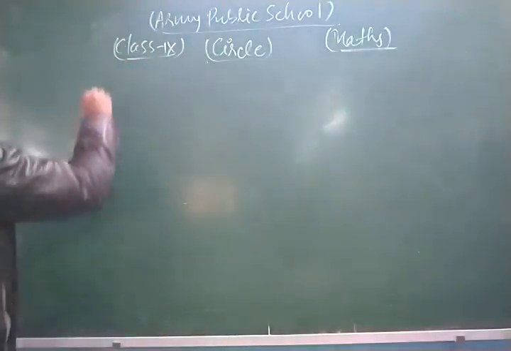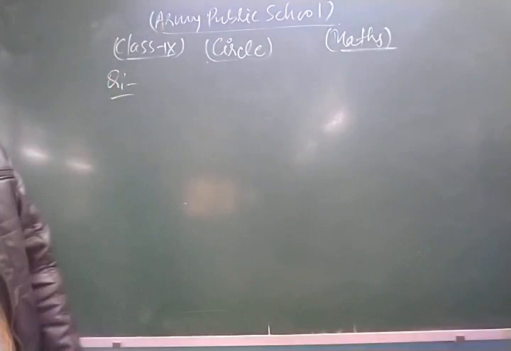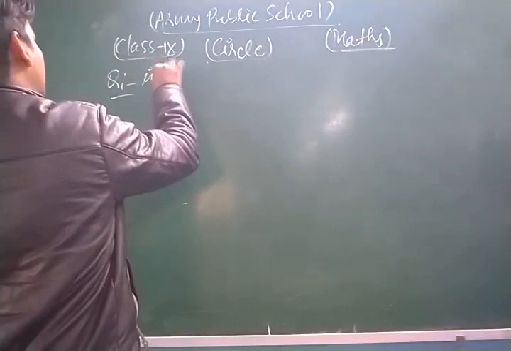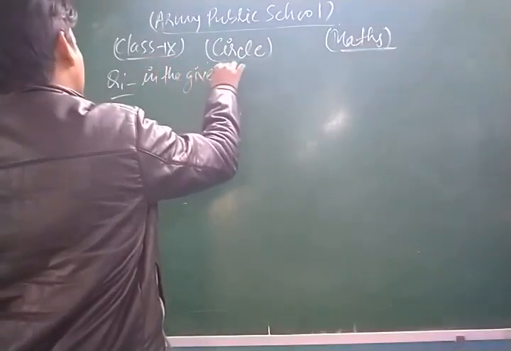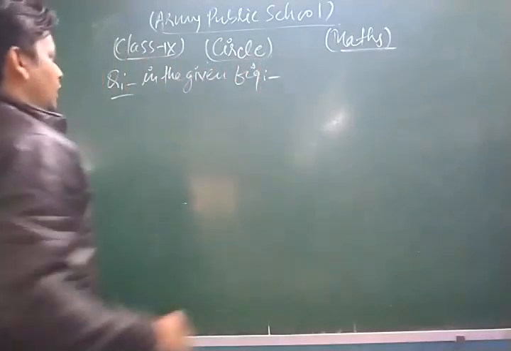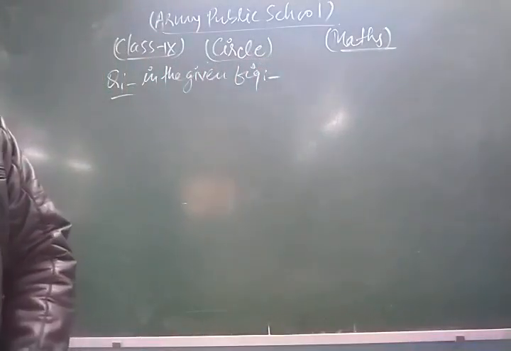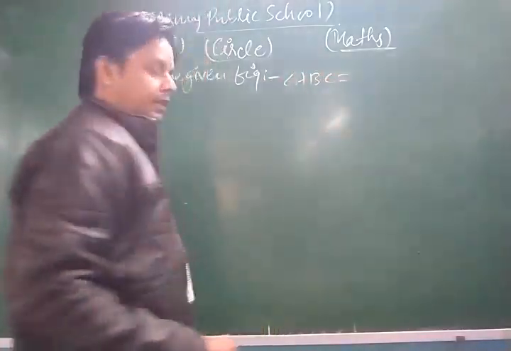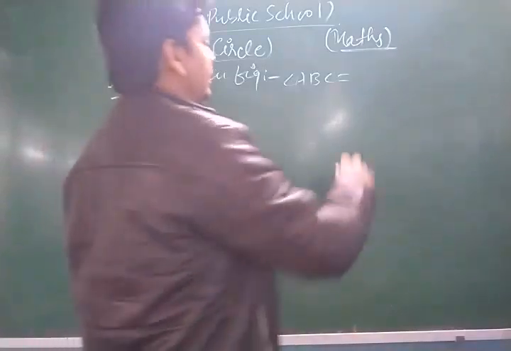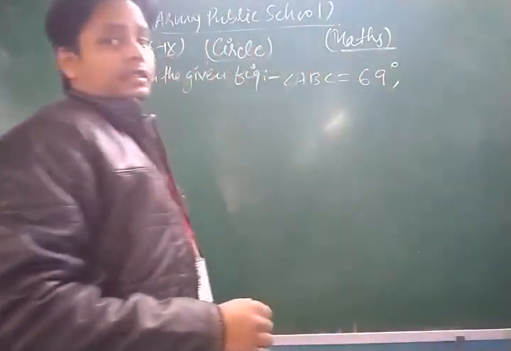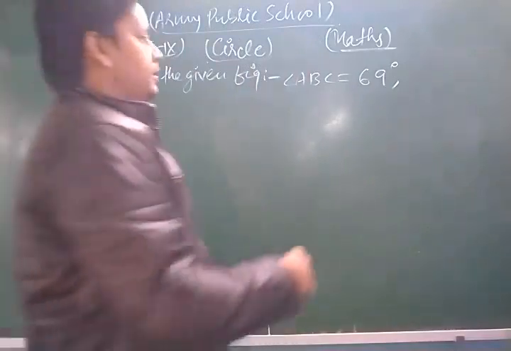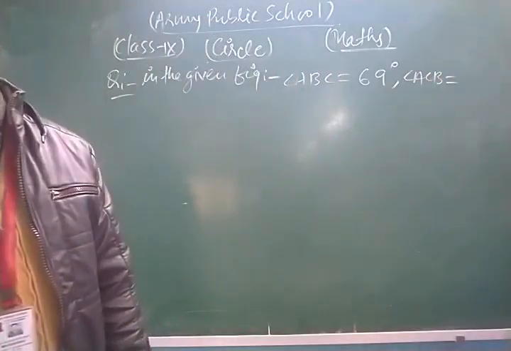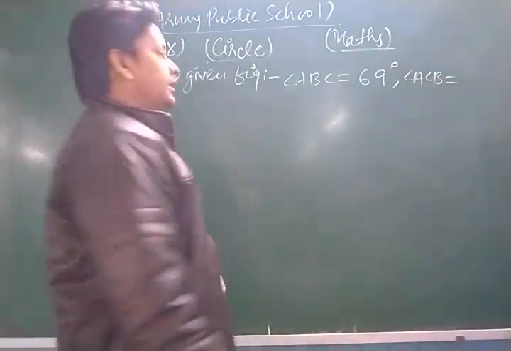Now we take a very important question based on circles, and the question is: in the given figure, angle ABC is 69 degrees, angle ACB is equal to 31 degrees.